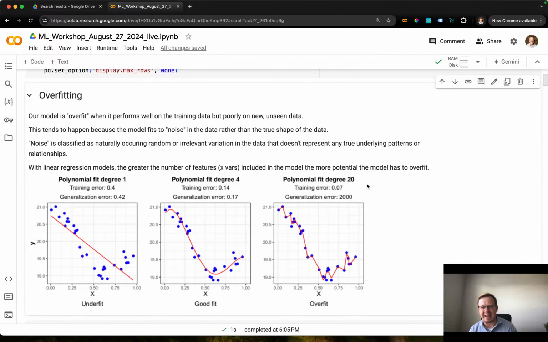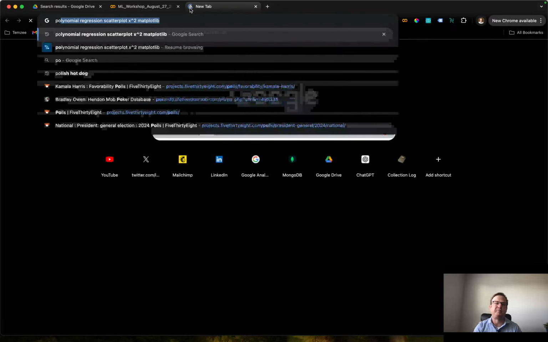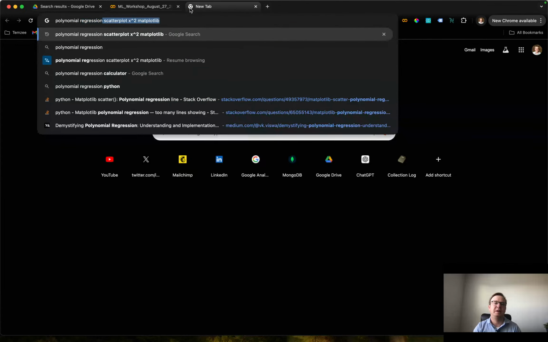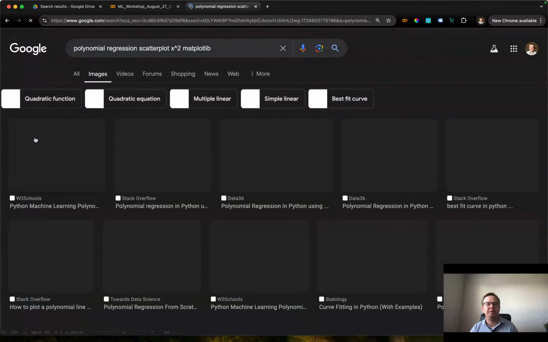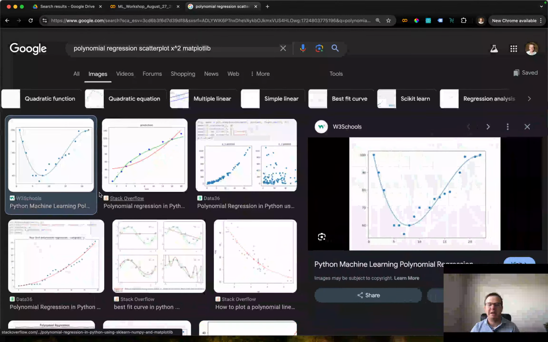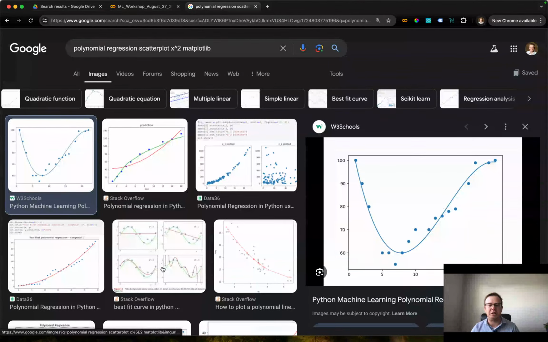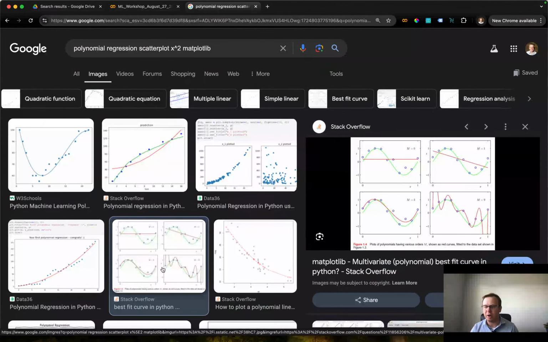In some extreme cases, there may be justification for using a higher polynomial, but these polynomials, because they're already curved, right, they tend to allow our model to twist and turn a lot more than it would normally.